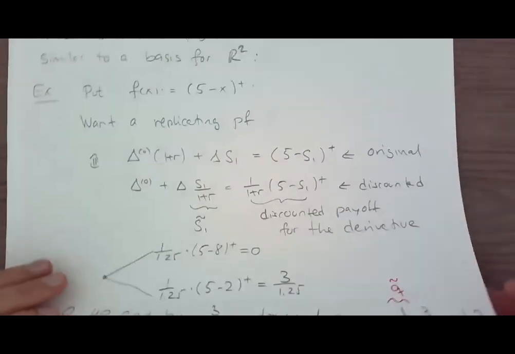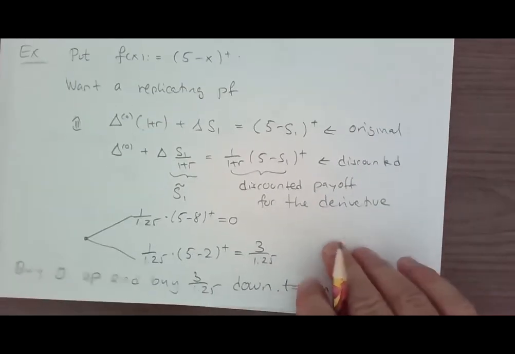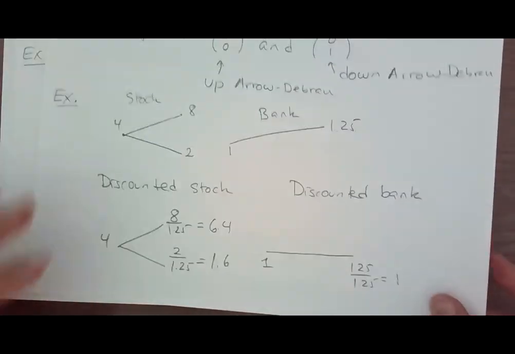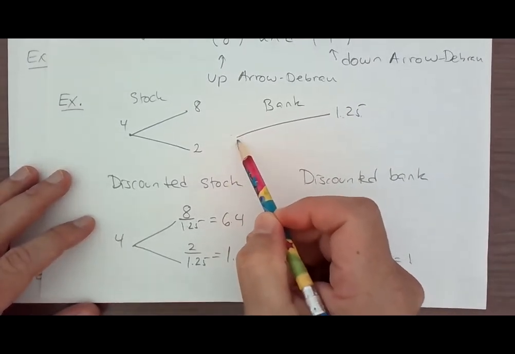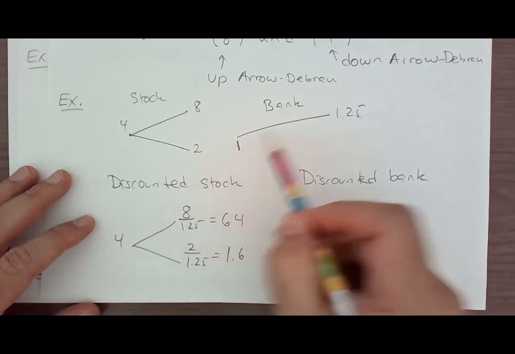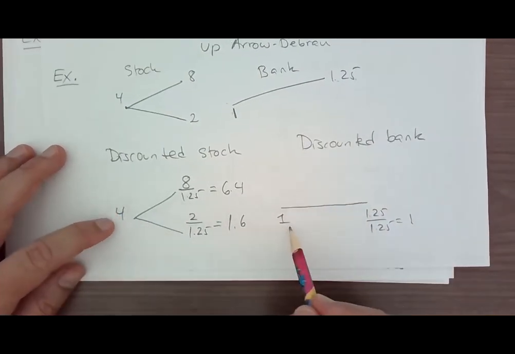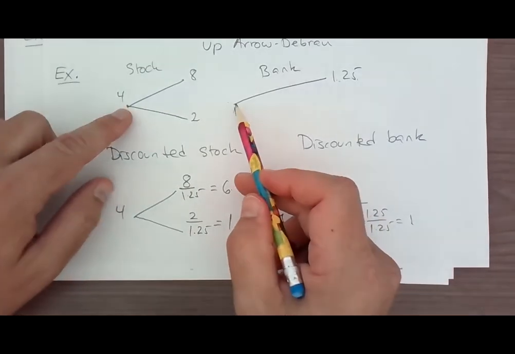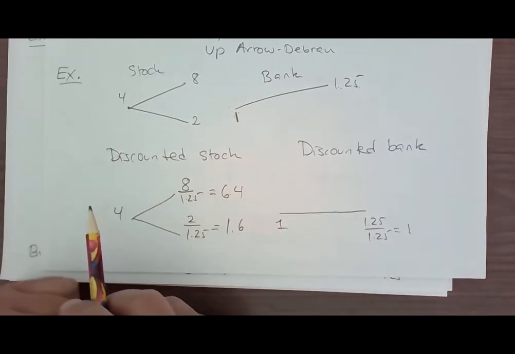Okay, thank you. Then keep in mind when we're discounting in this setting, this number we have out here is a 1. So the bank starts at 1. So the original prices I have out here, I'm not dividing by any new number. These numbers here, whether I am in the original market or in the discounted market, are the same.